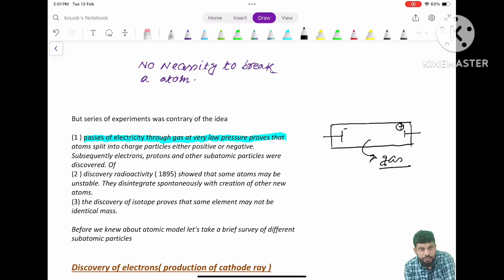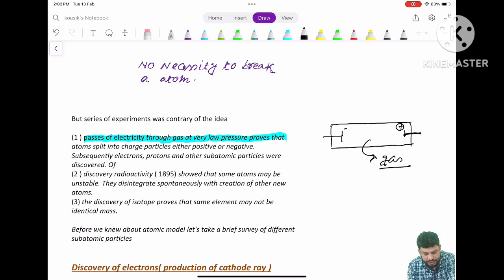So we can conclude that the atom may be subdivided. This is the idea. Later on, this is the simple setup of the cathode ray experiment. We can see it later. Subsequently, after the discovery of the electron, the proton and different other subatomic particles were discovered.